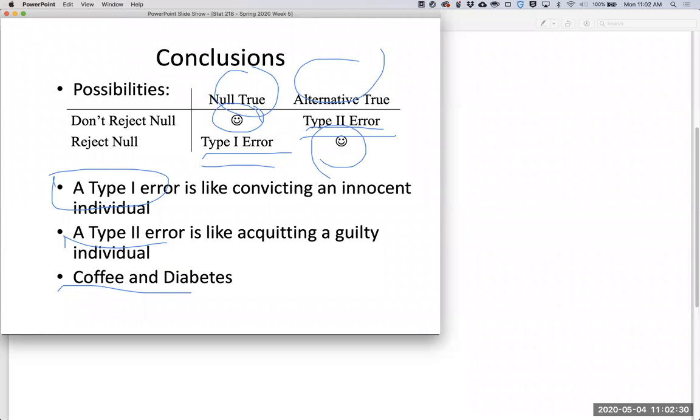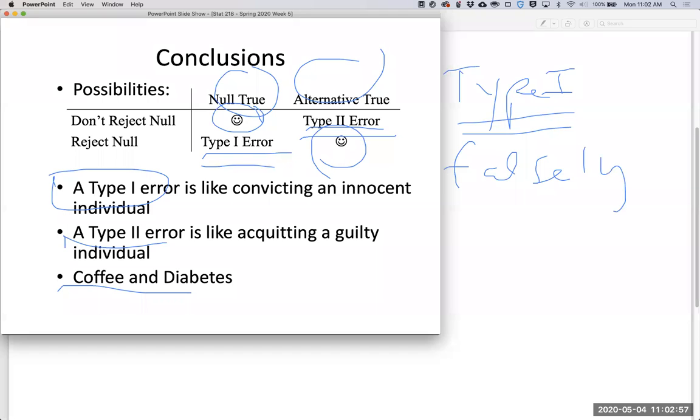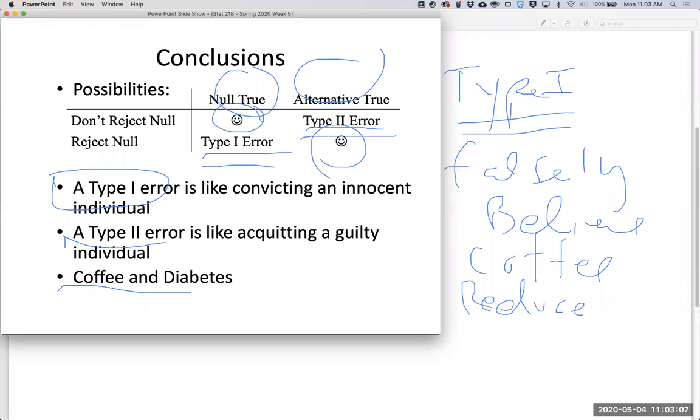What is worse? What is a type 1 error in this coffee and diabetes example? A type 1 error is when the null is true. So coffee does not impact your chance of diabetes, but we falsely believe that it reduces diabetes.